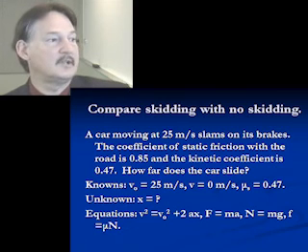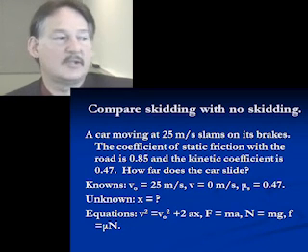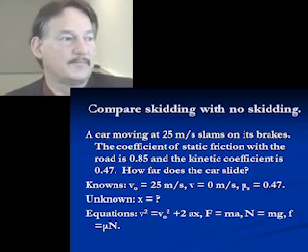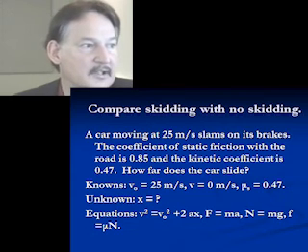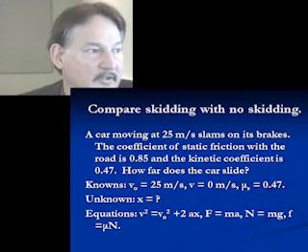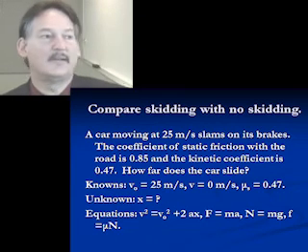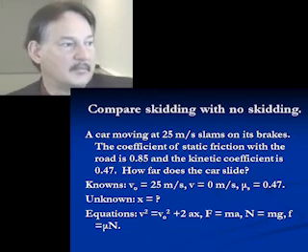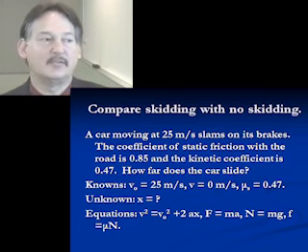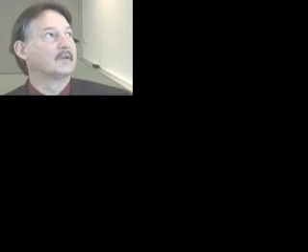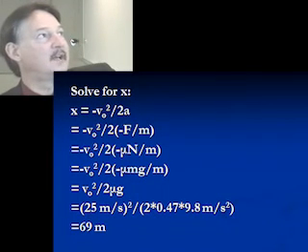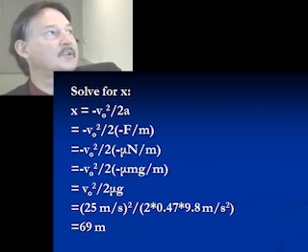Equations we're going to use are our kinematic equation here to solve for the acceleration. Plug that acceleration into here, knowing the frictional force is mu times n, and determine the value of x. That's the pathway. So notice that we have solved for x in our kinematic equation.